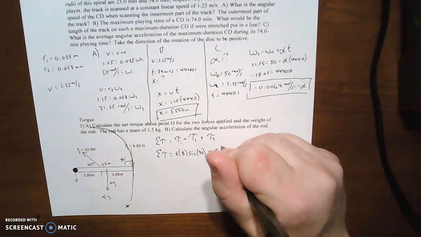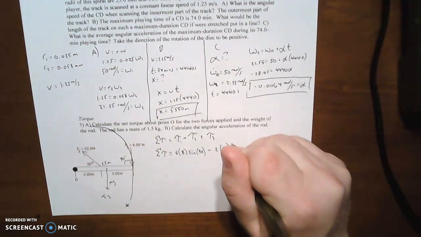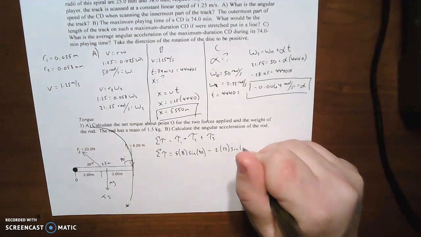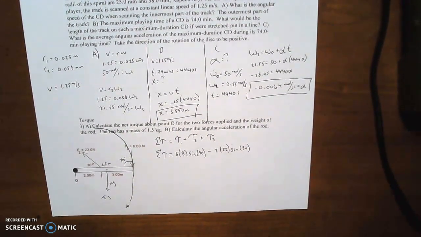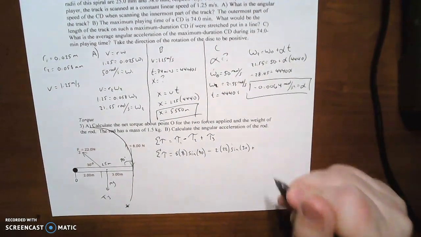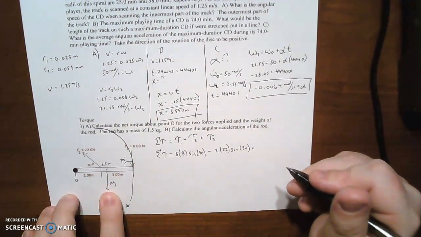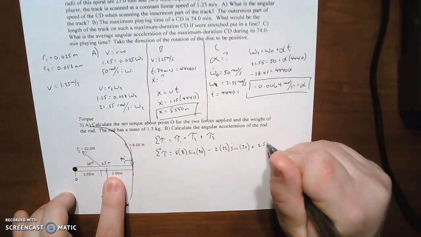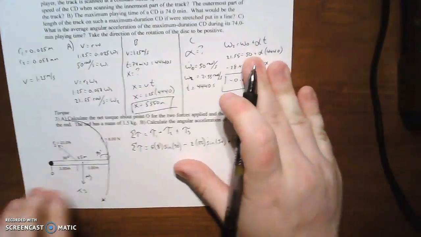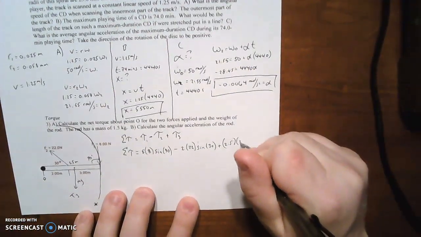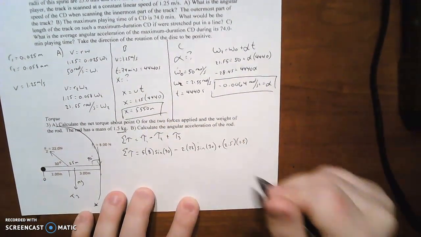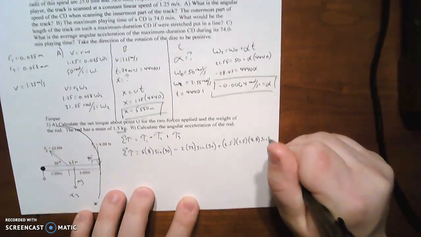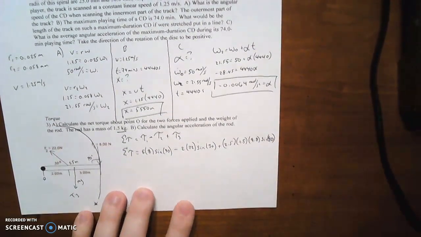Our force is 22 newtons strong, and we have a sine of 30, because that is the angle between our r and our F. And then finally, for our weight force, we have a radius of 2.5, because it's halfway through the rod. The mass of our rod is 1.5 as given up here, and our g value is 9.8, and then we have a sine 90 for the direction.